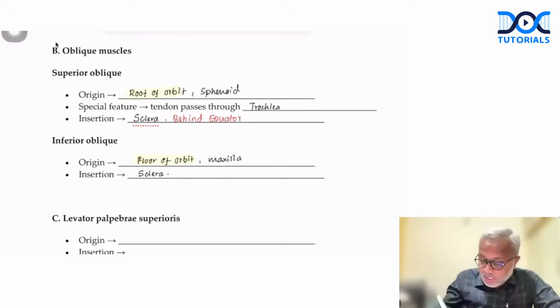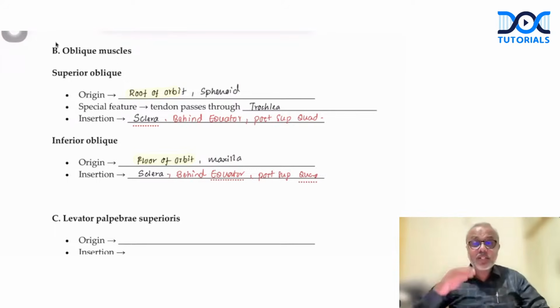whereas the inferior oblique also gets inserted behind the equator, usually into the posterior superior quadrant. Imagine your eyeball is like this.